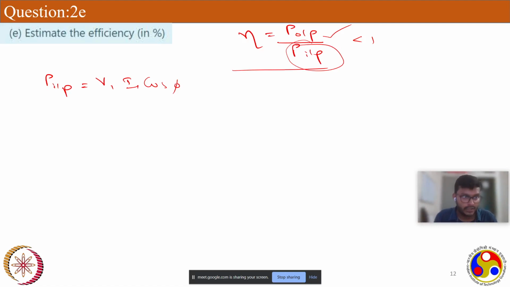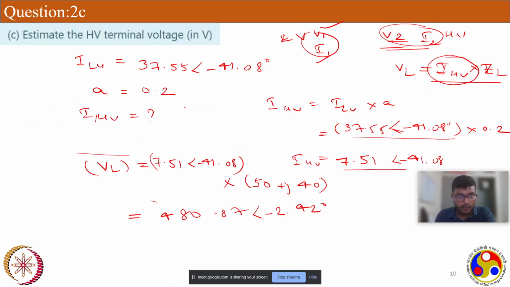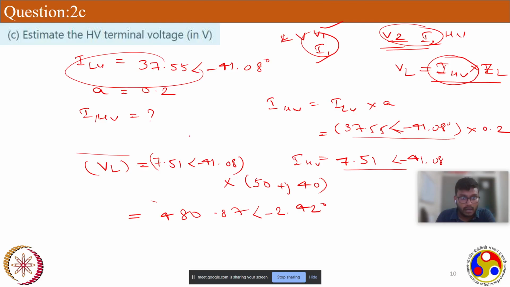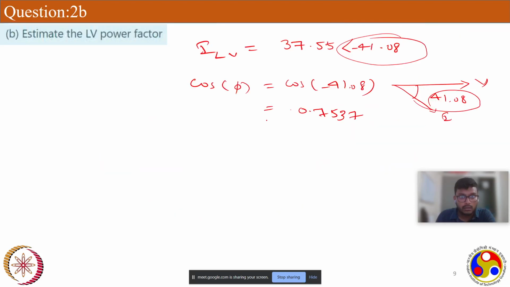Correct. So how much is VI? RMS voltage, we already know the input voltage, that is 100 multiplied by I1. How much is I1? Here it is ILV, 37.55, all RMS. What is the power factor, cos phi, that we got? 0.7537.